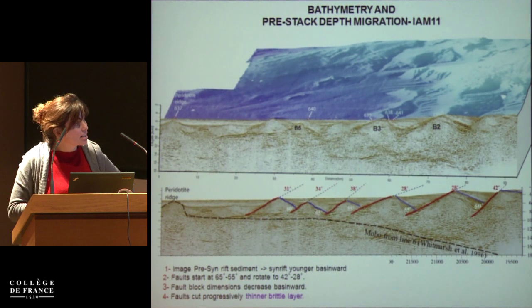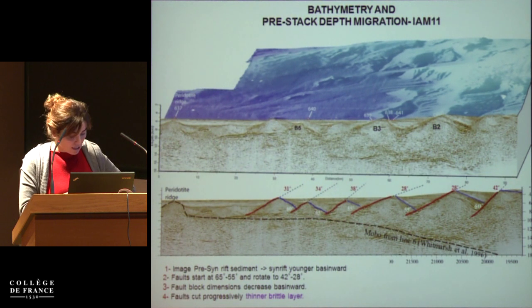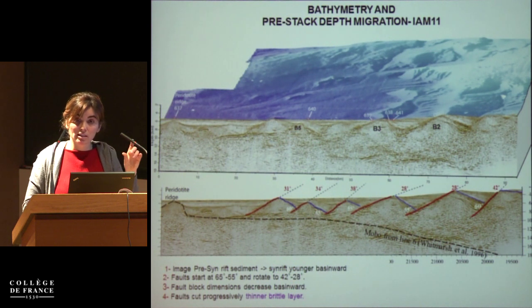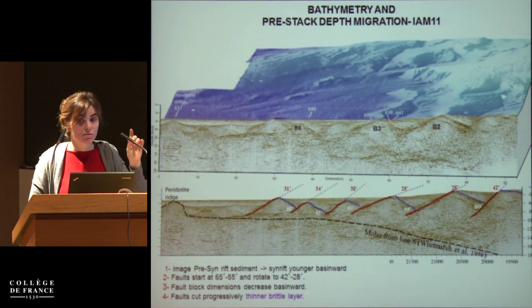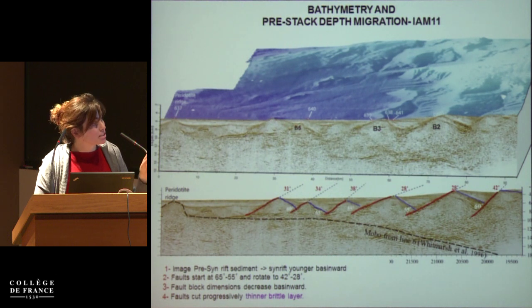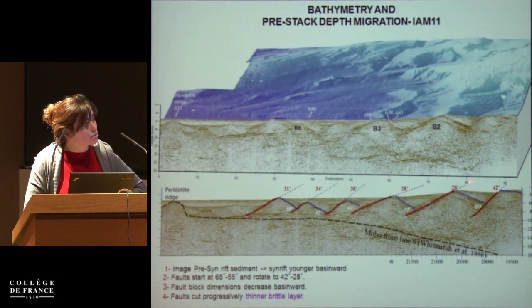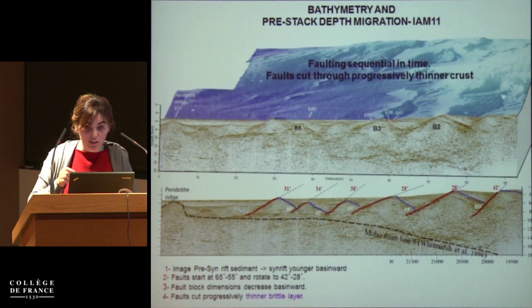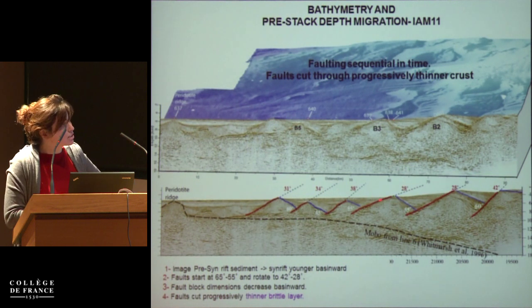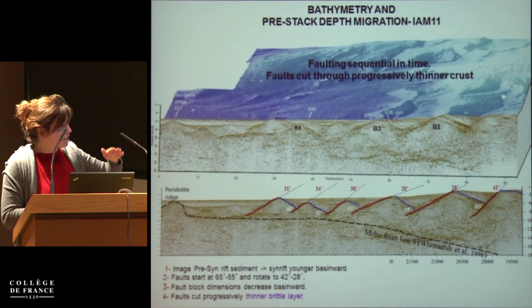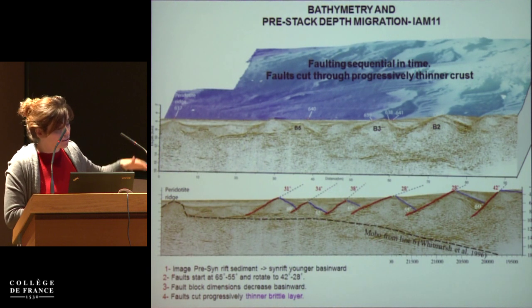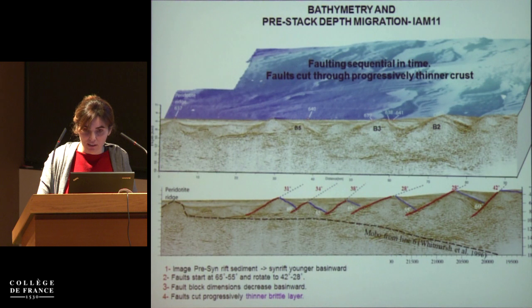This implies that each of these faults cut through a brittle layer that was thinner, because the brittle layer in this case comprises the upper crust and the lower crust. It means that each of these faults cut through a crust that was progressively thinner. So our interpretation is that these faults were sequential in time, and they were active one after the other, cutting a crust that was progressively thinner.